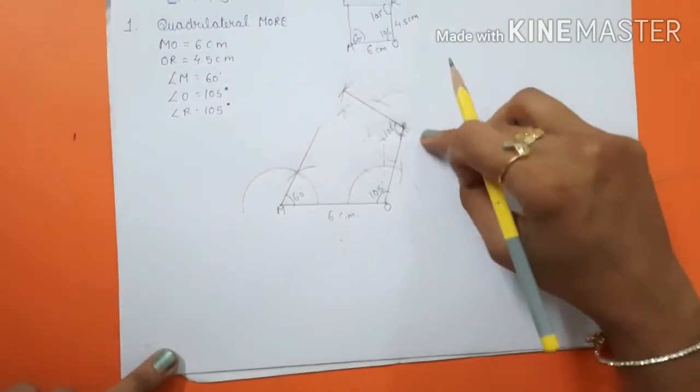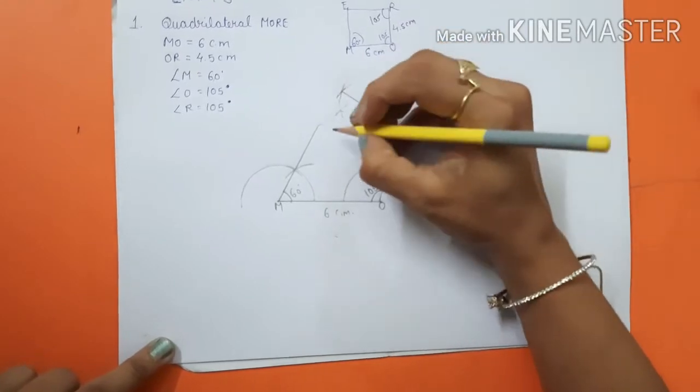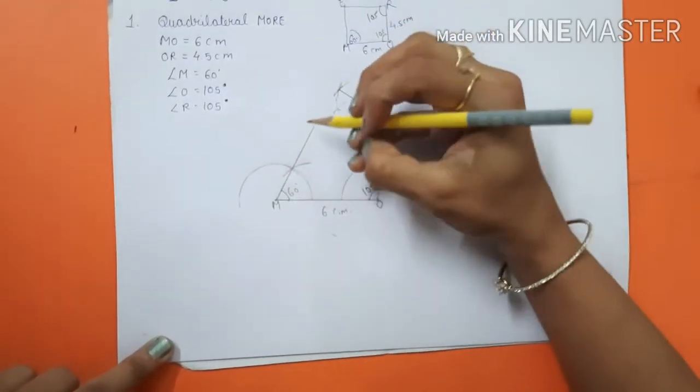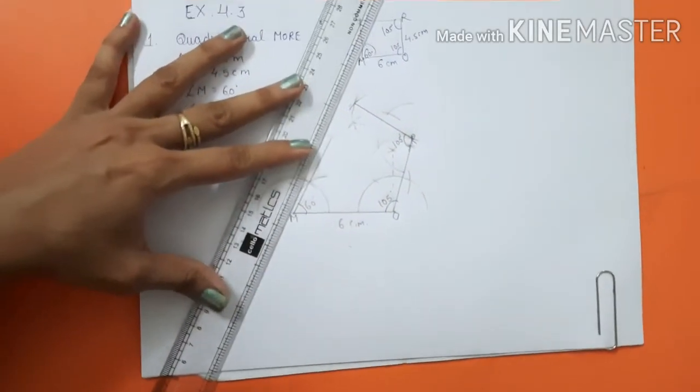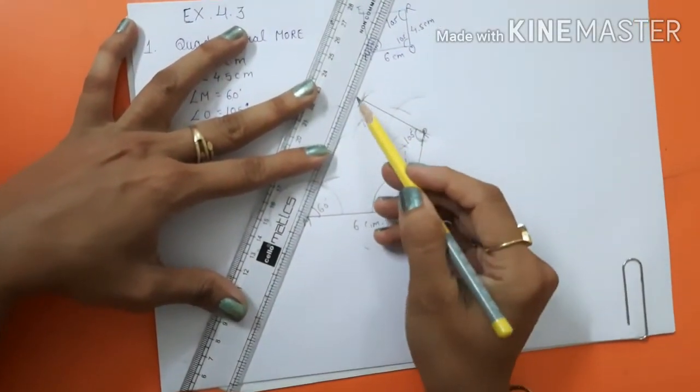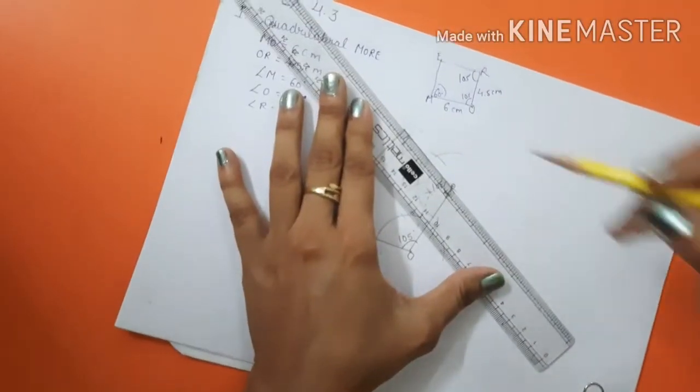M O R. One point is missing, E. That means this is the point E, where we can increase this line. We'll increase this line like this, and we'll extend this line.